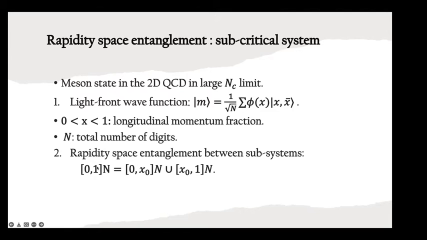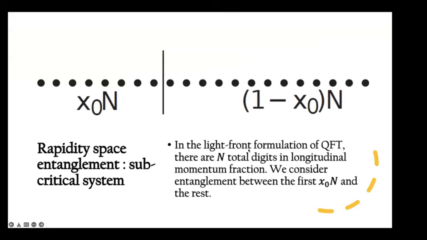So then the natural formulation of the rapidity space entanglement is that here we have a line in the momentum fraction space, and the total number of digits is N, and we split the system into two segments. One has a length x naught times N, another has a length (1 minus x naught) times N. This part corresponds to the so-called soft partons or small x partons, and this part represents the so-called valence partons or fast-moving partons.